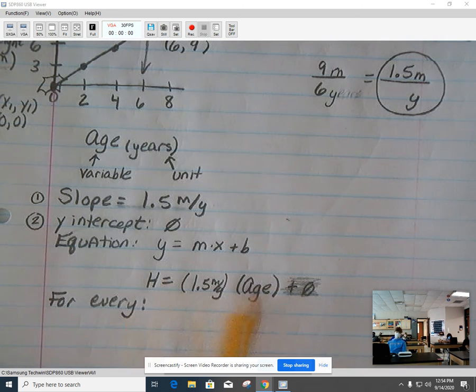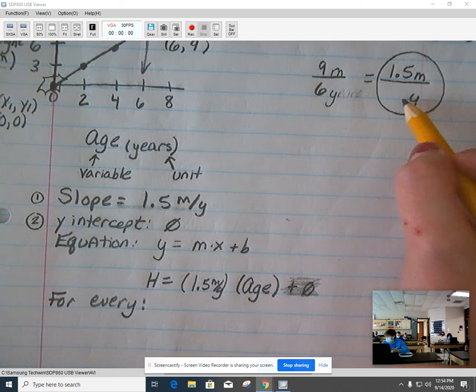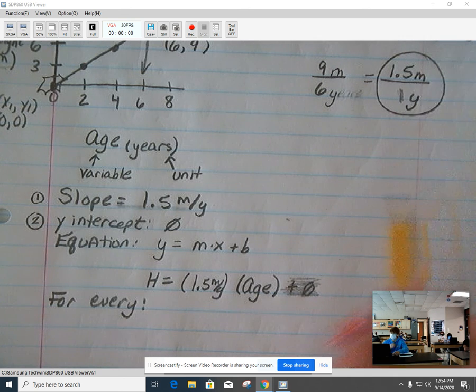So that's what is really cool about this. You can make that formula, and once you have that, you can make all sorts of predictions, and you will be really accurate with your predictions. Okay. When you have nothing in the denominator like this, what number do we imagine is there? 1. A 1. This is where our for every statement comes into play.